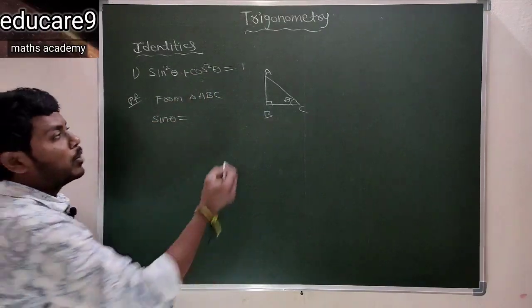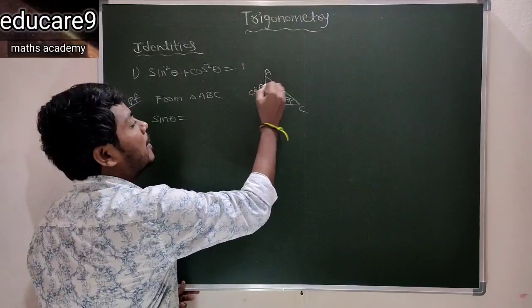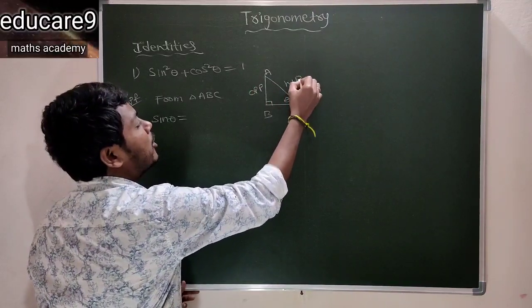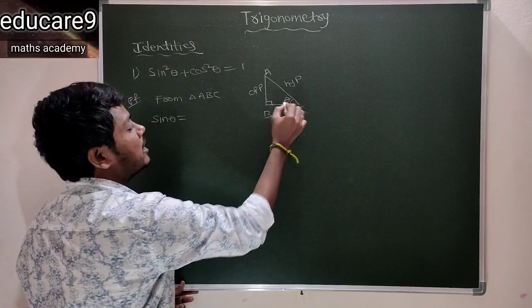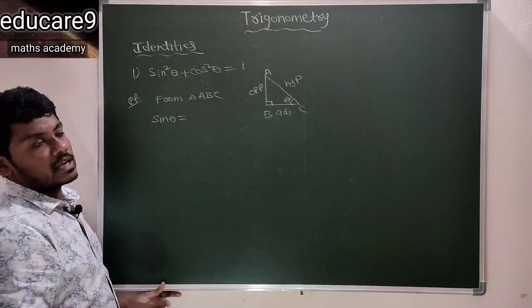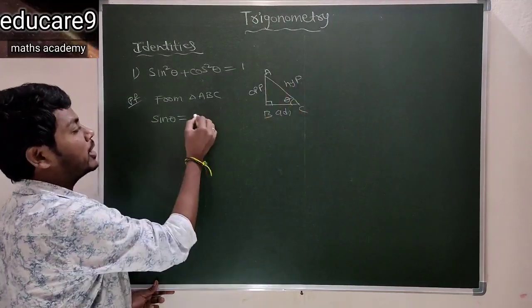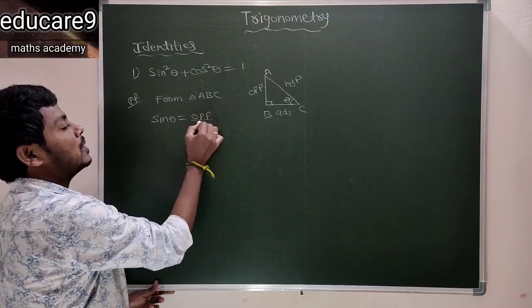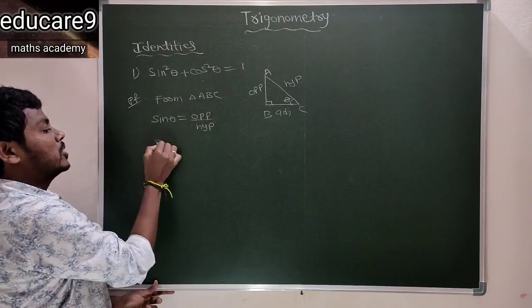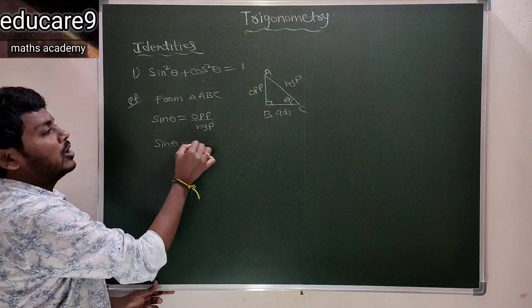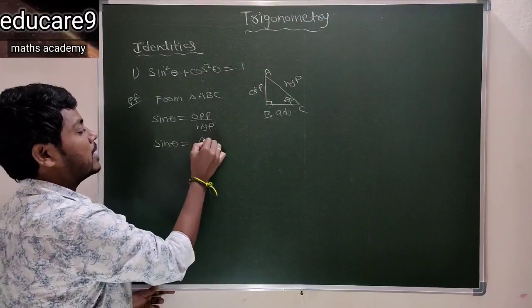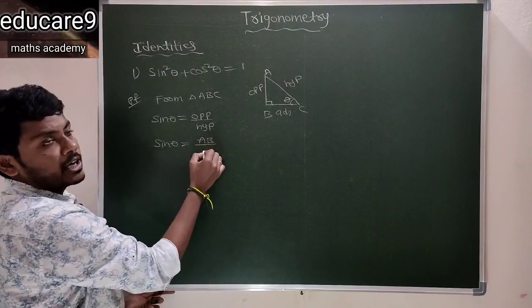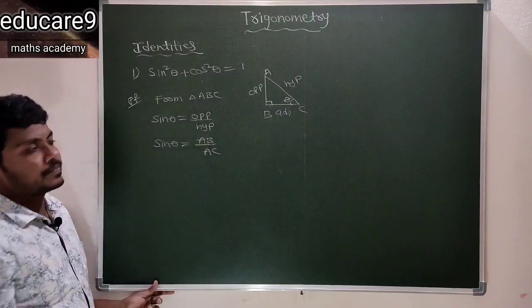So you know that opposite side, this is hypotenuse, this is adjacent side. So sin theta is the opposite side by hypotenuse. So sin theta is equal to opposite side AB and hypotenuse AC.